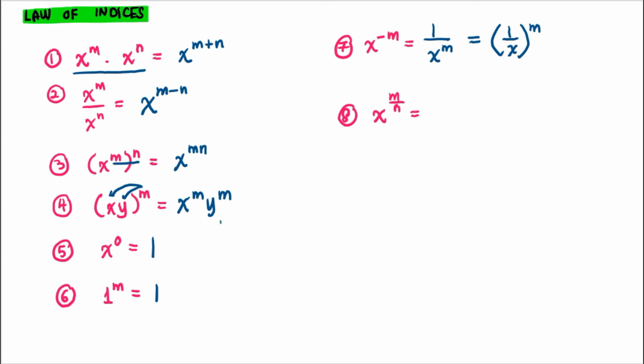As an extension, before I forget, if we have x over y to the power of m, we have x to the power of m over y to the power of m, because this power will go to x and also to y.